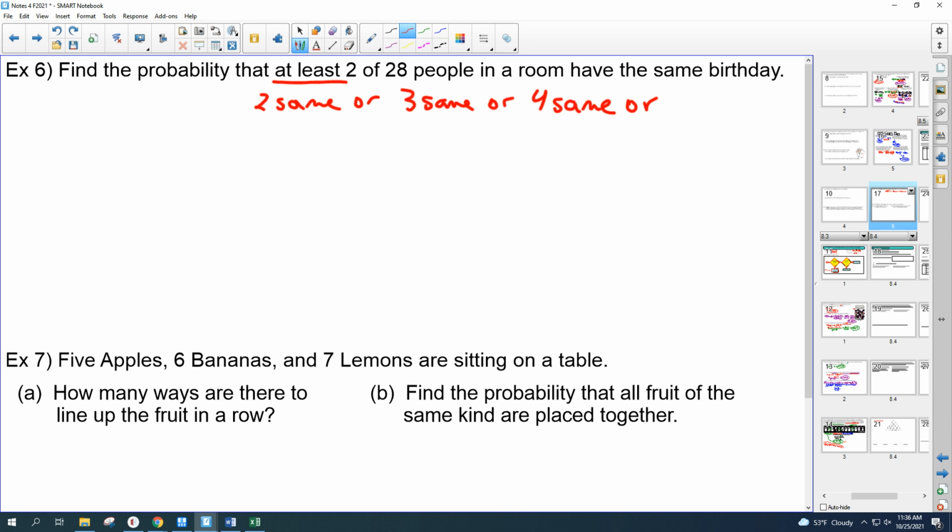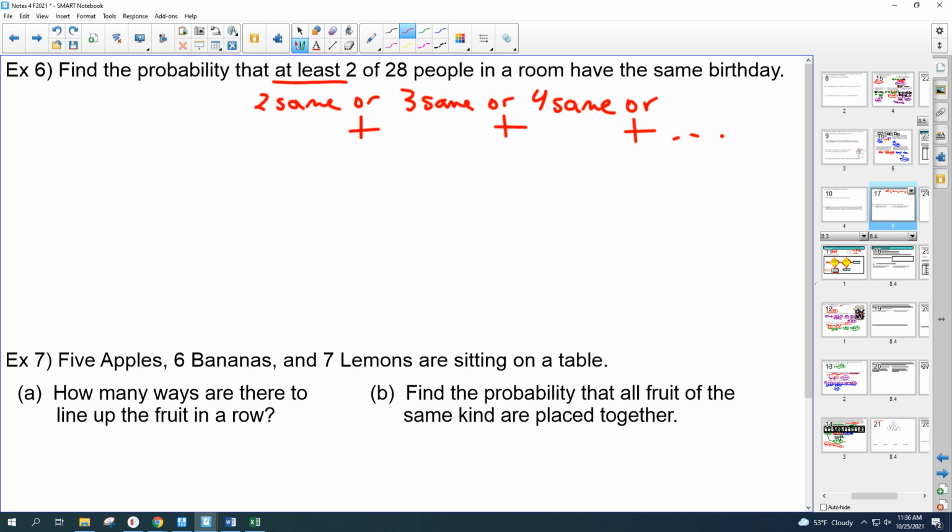The probability that everybody in this room has the exact same birthday is not very likely. But in this problem, what happens is you end up having to add a whole bunch of probabilities together. And the result of adding all those probabilities makes this answer a lot higher than you would expect.